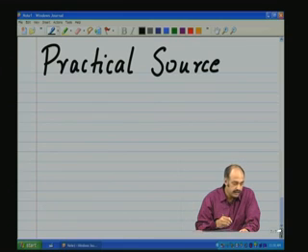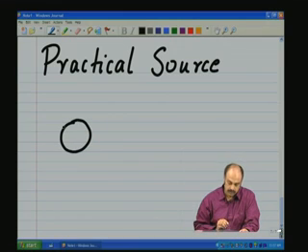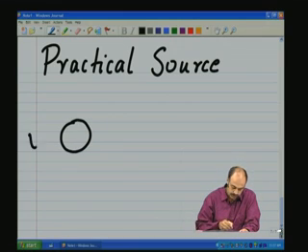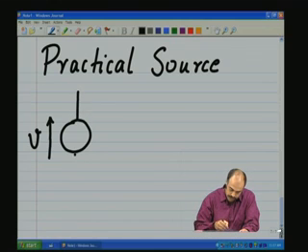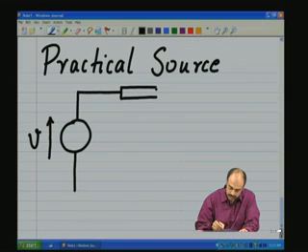In the case of the practical source, there is a source, let us say a voltage source V, with the representation that we already discussed, and to its two terminals is connected a component Rs called the source resistance.